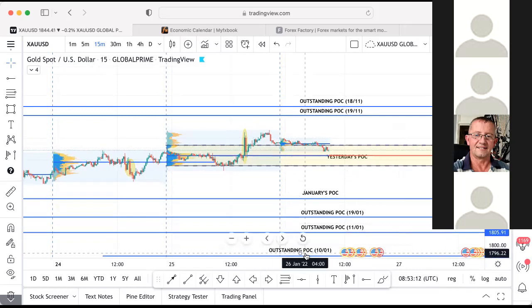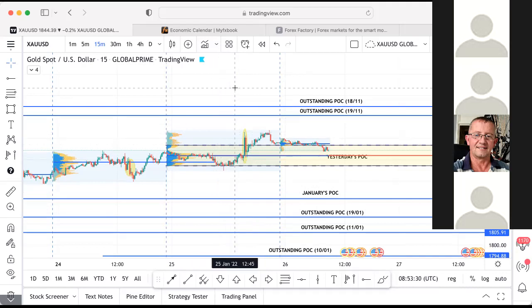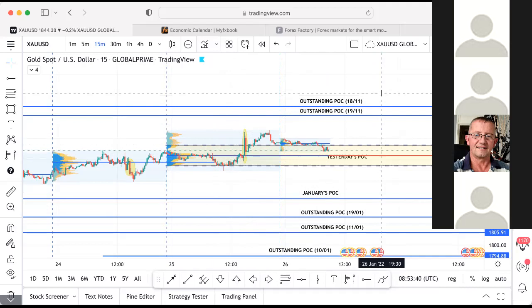So there are three outstanding POCs below today's or yesterday's, and there are two above. Now, my theory is that sooner or later, those POCs are going to have to be taken out. They're a bit like when Paul talks about imbalance, money left lying on the table. These lines act similarly, they act as magnets.